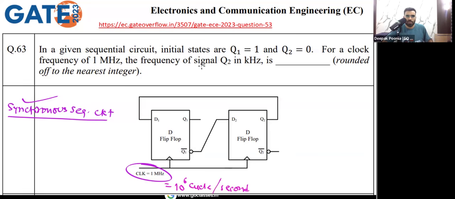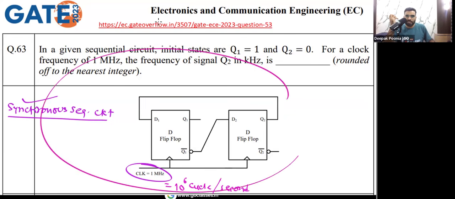Now you can see the question is saying the initial state is given to you, Q1 is 1 and Q2 is 0. And the question is asking the frequency of signal Q2. We just need to find the frequency of signal Q2. Means you find the waveform for this Q2, and to find this waveform for Q2, first you find the state diagram.